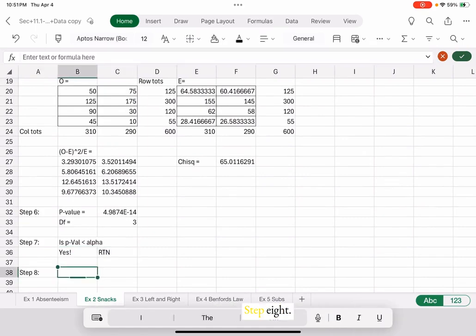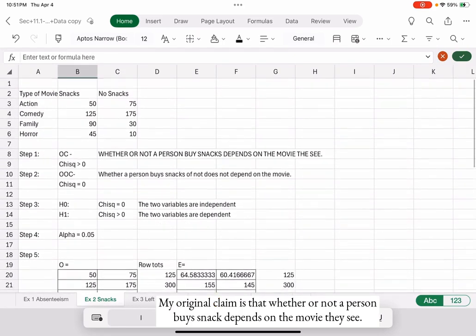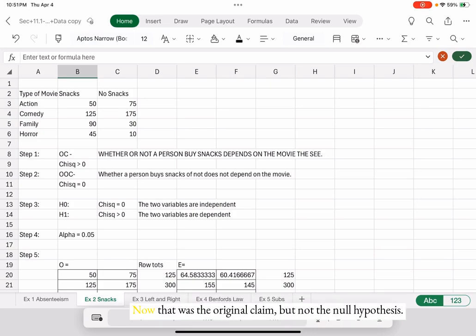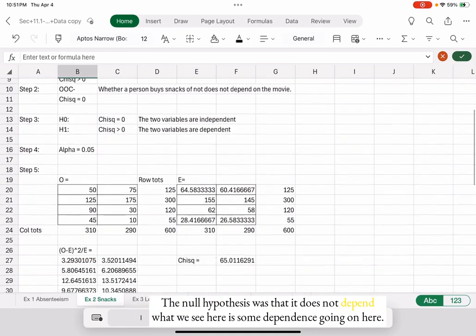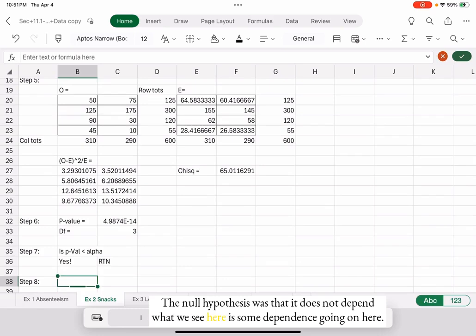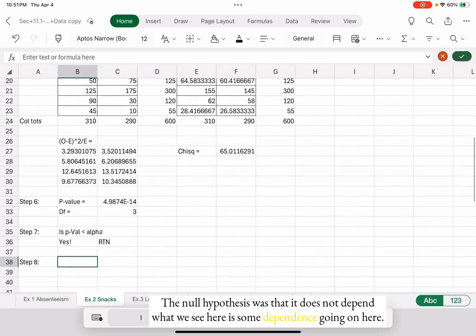Step 8. My original claim is that whether or not a person buys snacks depends on the movie they see. Now, that was the original claim, but not the null hypothesis. The null hypothesis was that it does not depend. What we see here is some dependence going on.